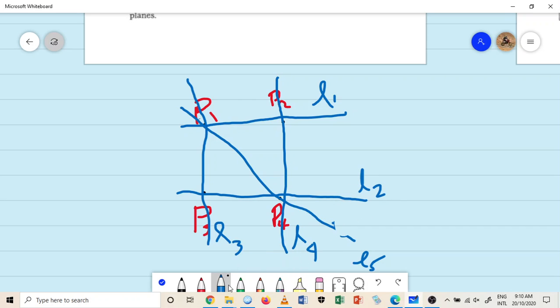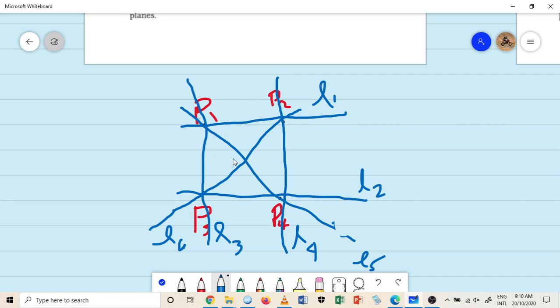Then there would also be a line containing P2 and P3. Let us call this L6. Although it looks like L5 and L6 intersect, they do not necessarily intersect.